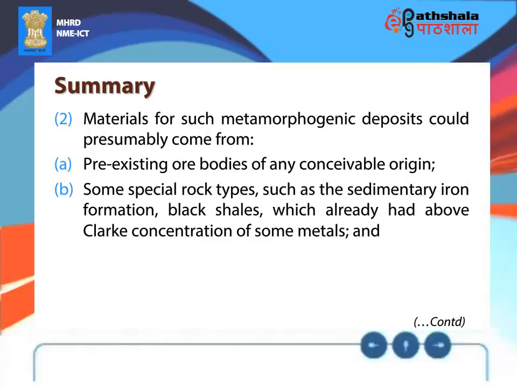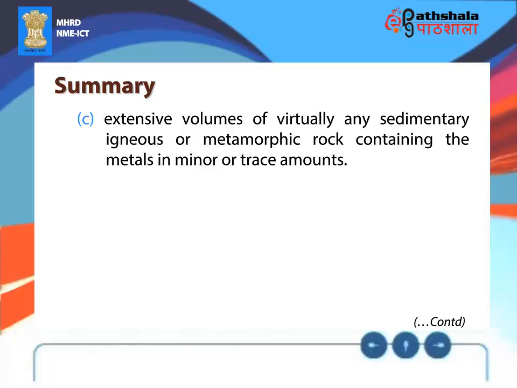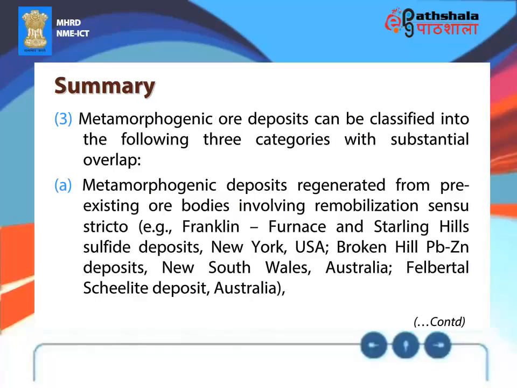Materials for such metamorphogenic deposits could presumably come from pre-existing ore bodies of any conceivable origin, some special rock types such as the sedimentary iron formation, black shales, which already had above-Clarke concentration of some metals, and extensive volumes of virtually any sedimentary, igneous or metamorphic rock containing the metals in minor or trace amounts.